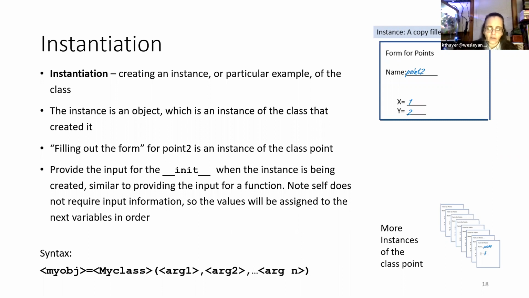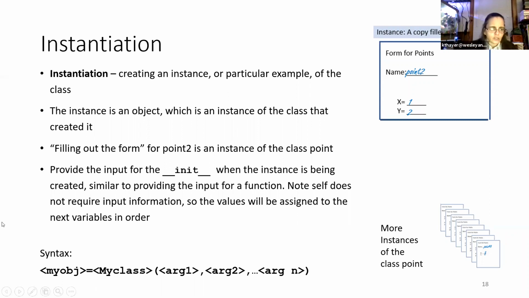But because self is extra and doesn't take any input, we're not going to match any values up to self. So if you have self, X and Y, that's three different aspects. When we put in the input that we're actually going to add, we only need to add two things, because self doesn't get any information and automatically doesn't get it.